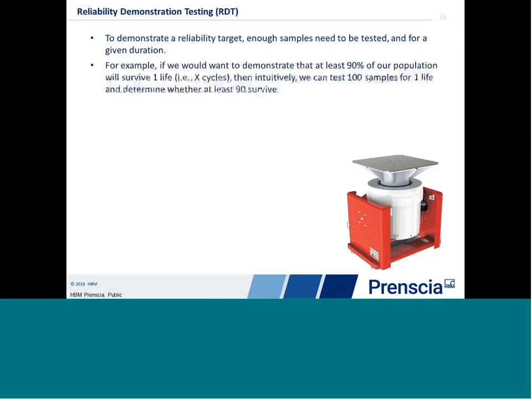Now, if we want to prove that 90% of the parts survive, and we knew only a very small amount about statistics, we might say, let's test 100 parts for one life, and if 90 of them live and only 10 fail, then easy math, 90 out of 100, that's 90%. 90% of parts lived after one life. That's one thing we could do.